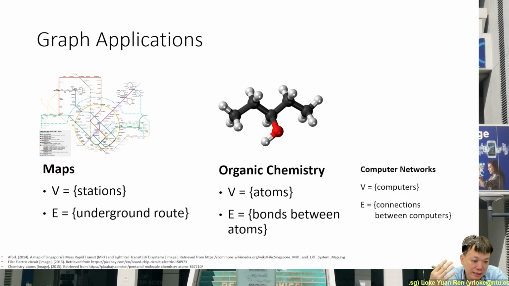People who study chemistry, all this structure, the atoms, the bonds that form all this, it can be formed into a graph problem. I think more related to you is computer networks. Maybe later you will learn it in the 2008 module, if I'm not wrong. Yeah, computer networks. You can imagine that we have so many computers, and all these computers connect to a switch, a router, and then a gateway to form the whole network.